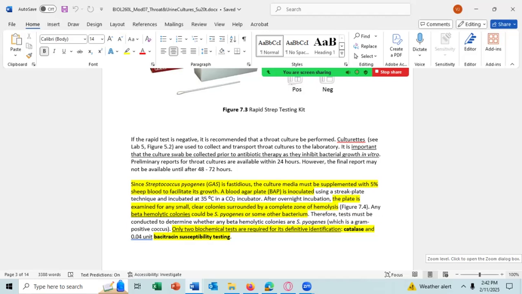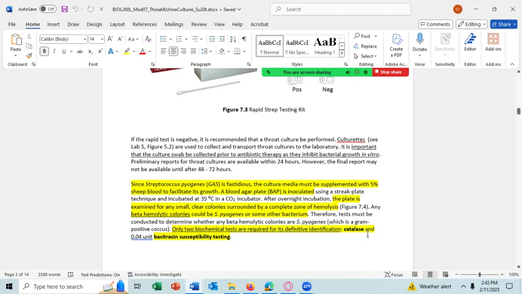And then you examine the plate for any small, clear colonies surrounded by a complete zone of hemolysis. That's what they mean by clear. The colonies are actually small white colonies. And you're looking for beta hemolytic colonies, which are produced by Streptococcus pyogenes or some other bacterium.